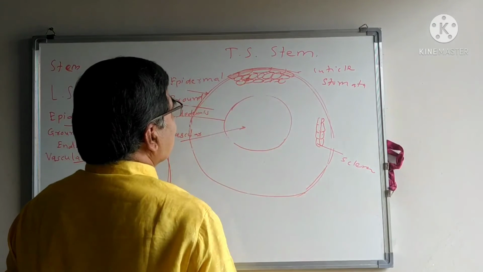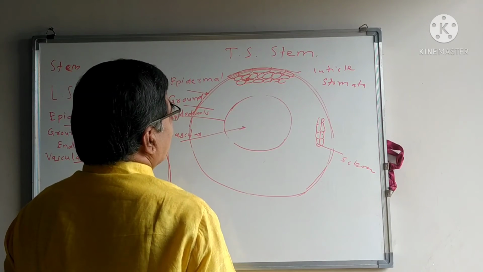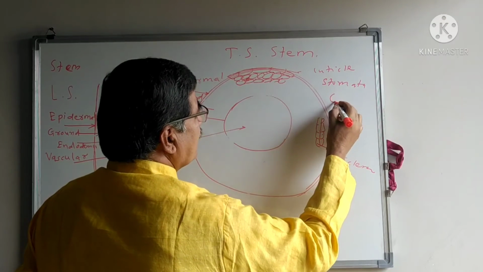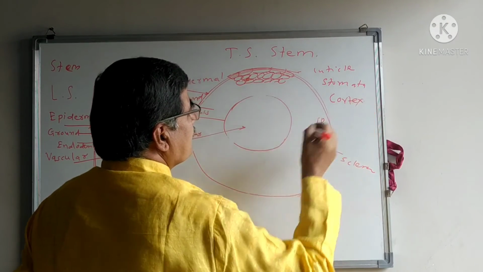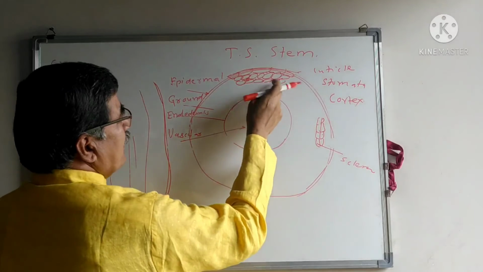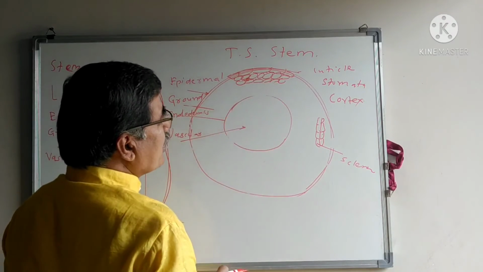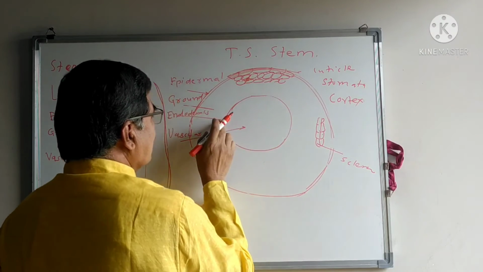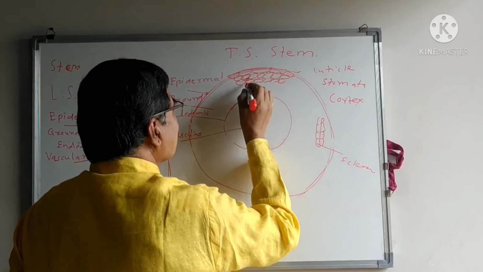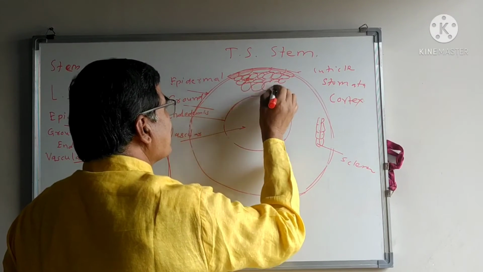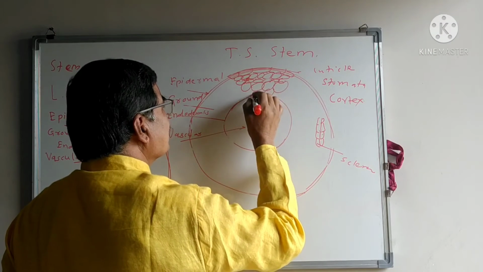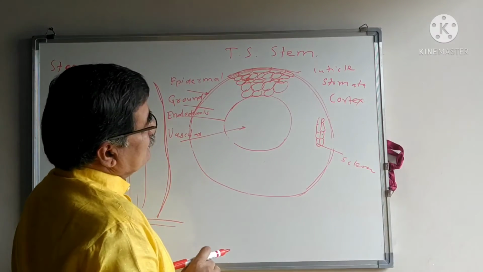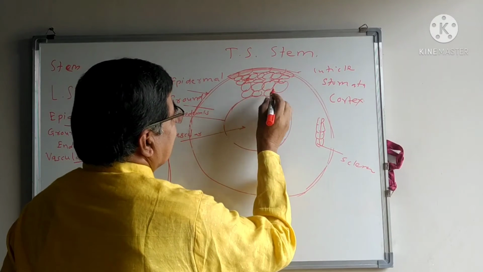And inner to this tissue, the ground tissue is known as the cortical tissue. It is known as the cortex. The outer layer of the cortex is the hypodermis, then the major cortex, and the cortex ends in the layer endodermis. This cortex consists of large parenchymatous tissue, with loosely arranged cells.